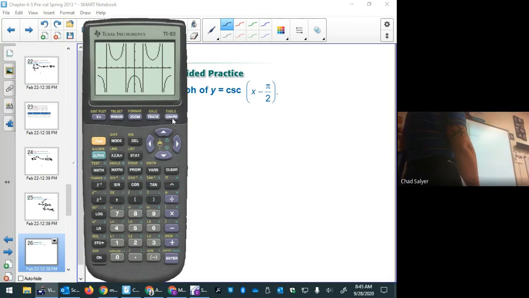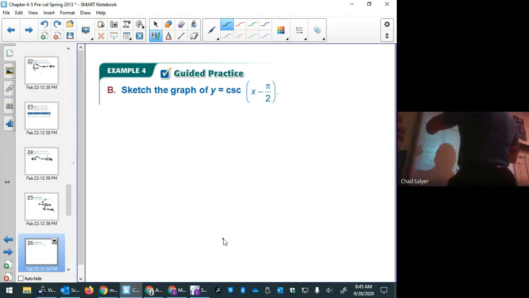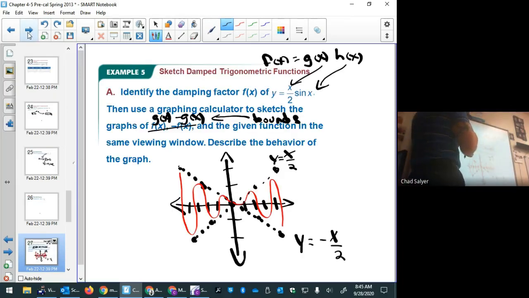So that is the cosecant shifted pi over 2 units to the right. Okay. Questions about anything so far? All right, some complicated stuff.